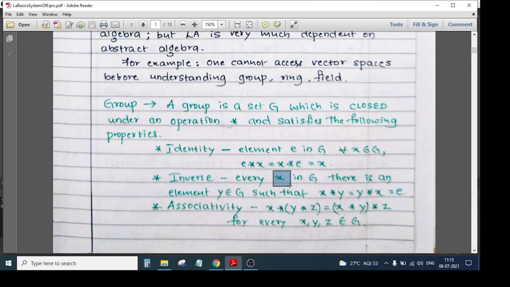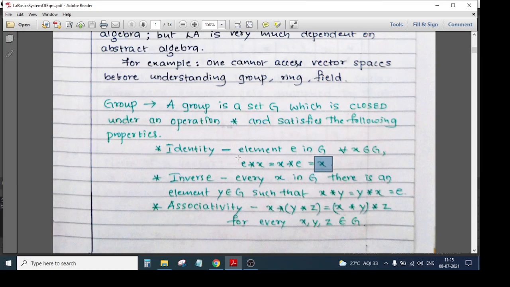One is X, which should be in the group G, and we will choose another element Y, and this Y also should be in the group G. Then if you multiply X and Y, or if you multiply Y and X, the answer you will be getting back is the element E. See here, friends, the first identity is very similar to 1 into X, or X into 1, and the answer is X itself, right?